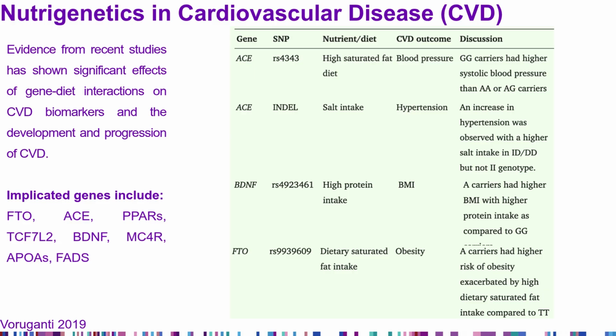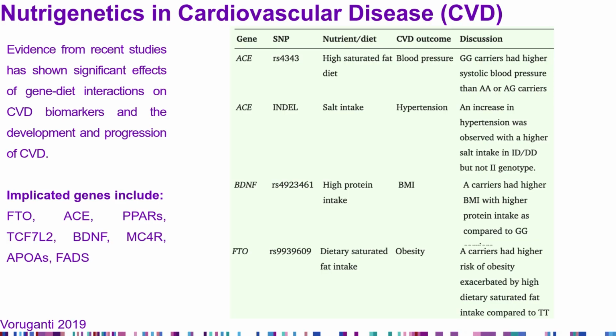In a review from 2019, the author gathered all the studies pertaining to cardiovascular disease risk and compiled a table with genes that are implicated in increased risk for CVD, as well as the variants within those genes and how they alter function in relation to diet and nutrient metabolism.